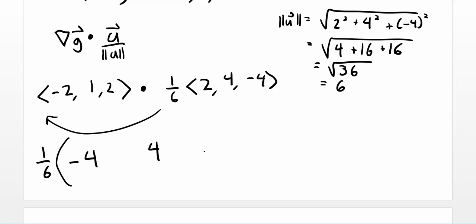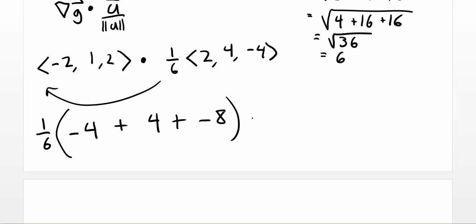Negative 4 times 2 is negative 8. And you just add these. And so our final answer is negative 8 over 6, or negative 4/3. That's the rate of change in the direction of that vector we just found.